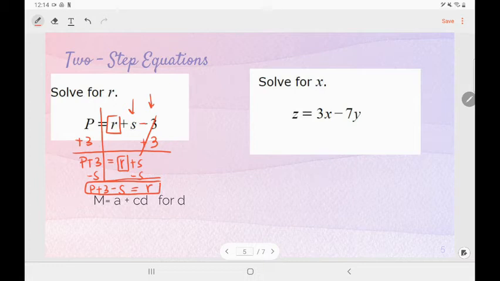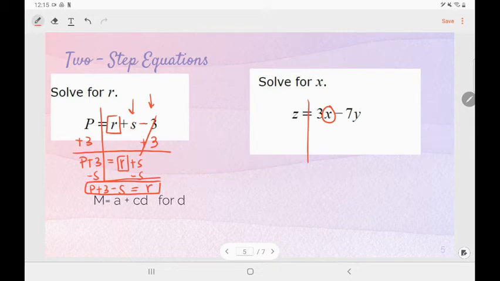All right, next problem. I want to solve for x. I'm going to draw my line. I don't need to worry about z since it's on the opposite side. On this problem, like I said on the last problem, you're going to work furthest away from your variable to closest.